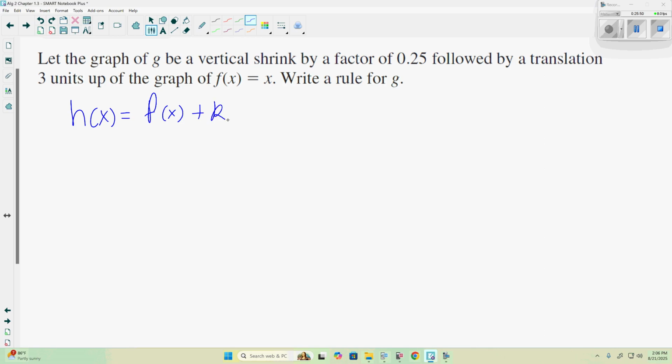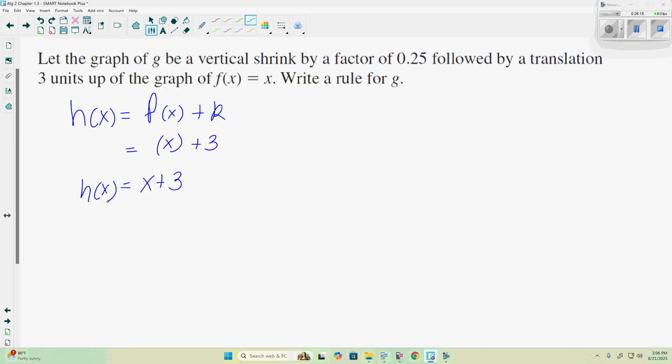We're going to move it up 3 first. So our f of x plus k. Since we're going up 3, it would be plus 3. We replace f of x with its function, telling me my h of x is equal to x plus 3. So here we can see there has been a slight change between the two of them, yes?